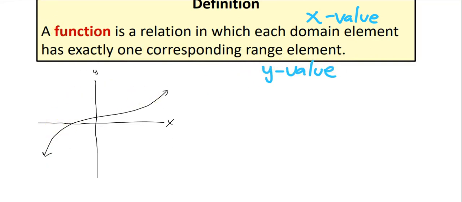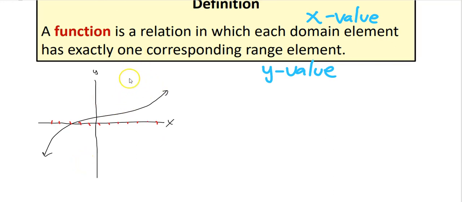Notice here on this graph that as this line moves, the x value is constantly changing. Now if I'd drawn a straight line, the x value would have constantly changed, but the y value could have stayed the same. That is fine with a function.